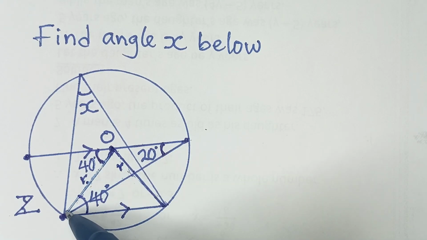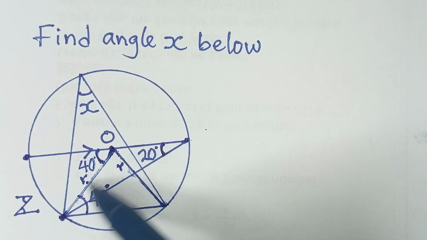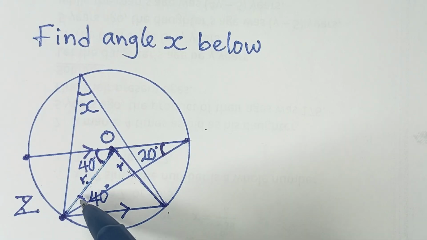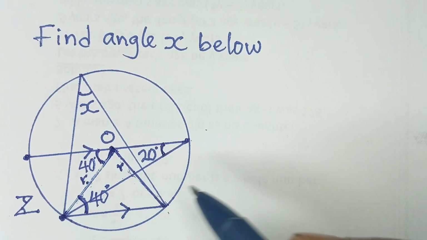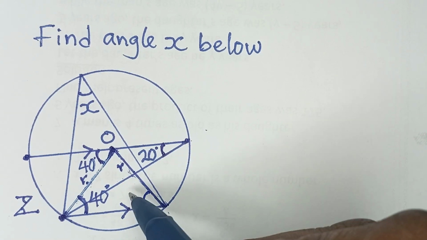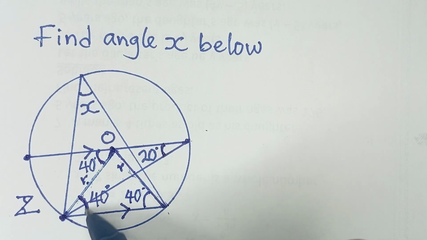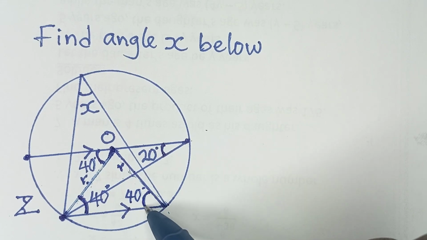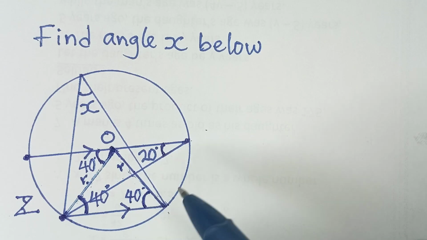So when you have an isosceles triangle, that is a triangle with these two sides equal, the base angles of an isosceles triangle are also equal. So that means this angle will be 40 degrees. Because this is 40, this will also be 40. And why? Because the base angles of an isosceles triangle are equal. So 40, 40.